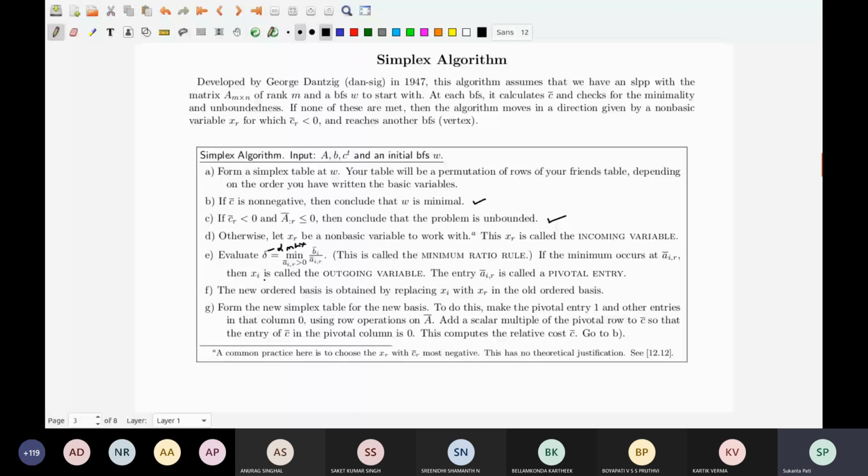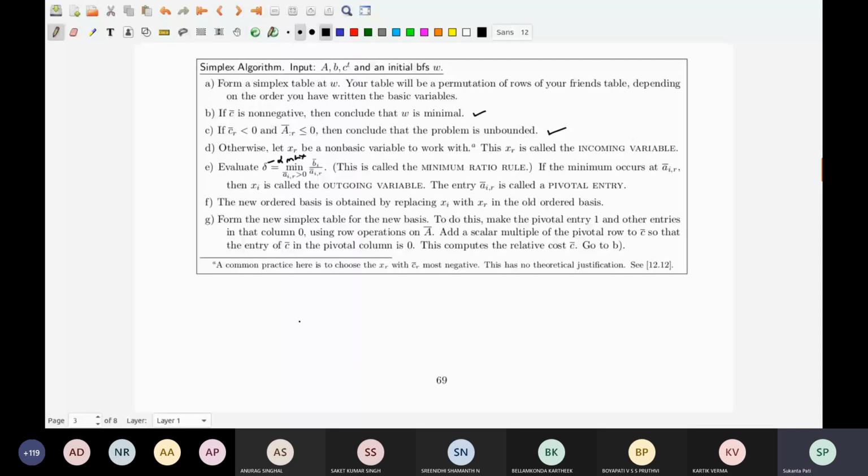Now, while doing the computation, in order to reduce the computation, as you have observed, suppose this was the rth entry, like that is, this is what C bar R that was less than 0, and assume that x1 to xm was basis.